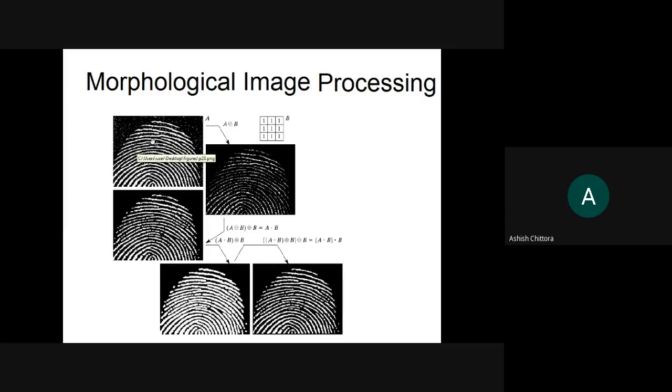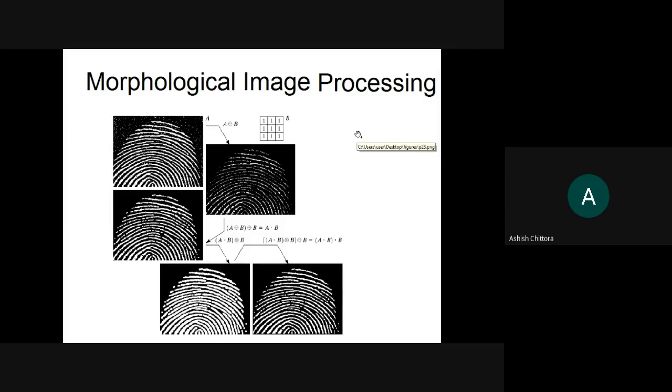And there are many breaks, many discontinuities, that we have to correct. We will do it in morphological processing. Here some operations are applied, and finally we get this image after processing. All these operations are performed in morphological processing.